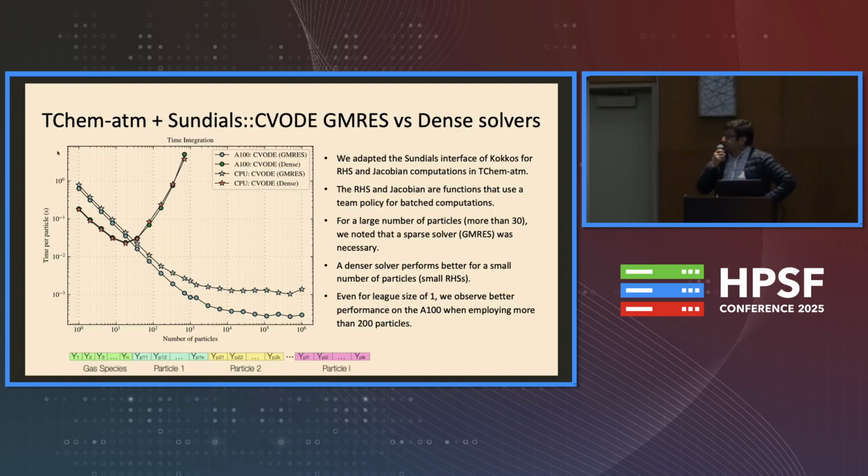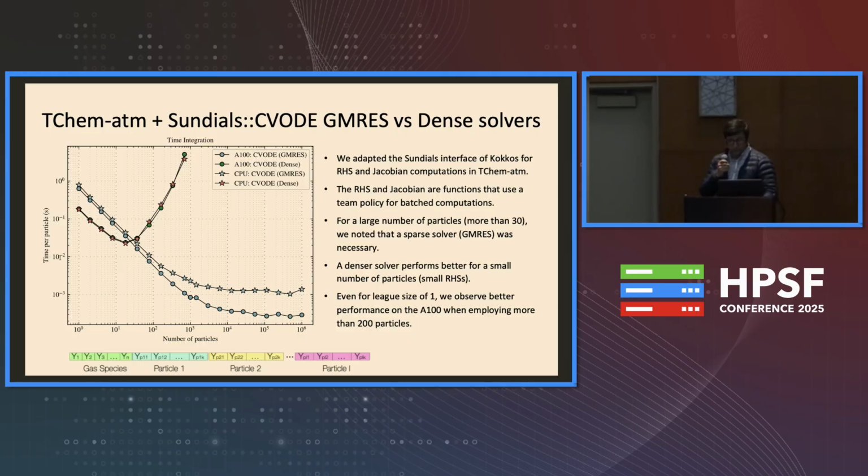In this plot, each of these dots corresponds to one experiment, and on the y-axis is the total time. Again, this is only 10 iterations, and then we divide by the number of particles.